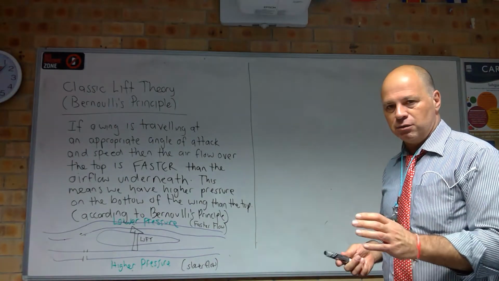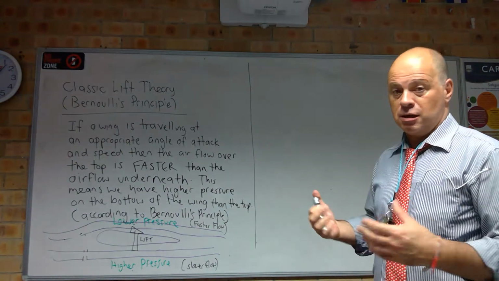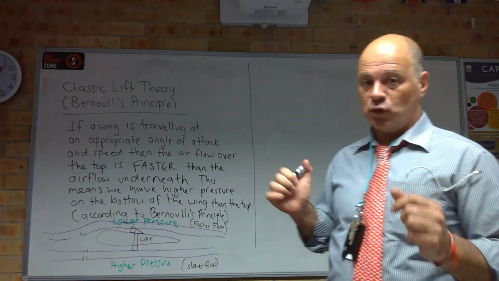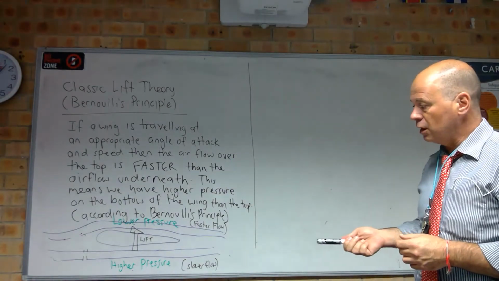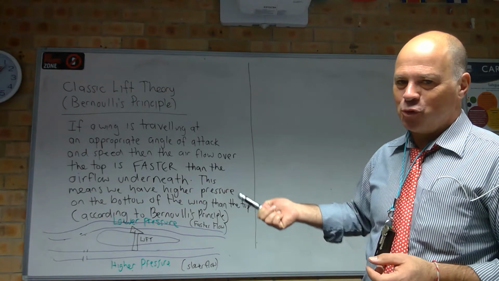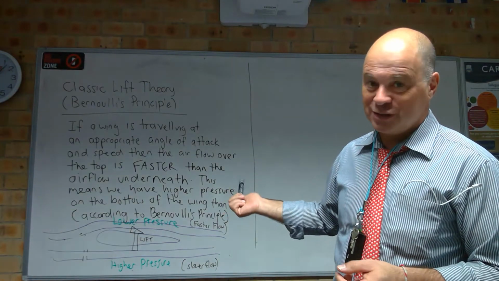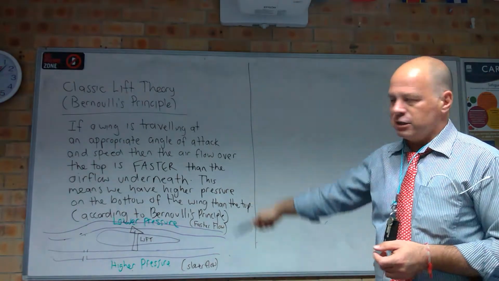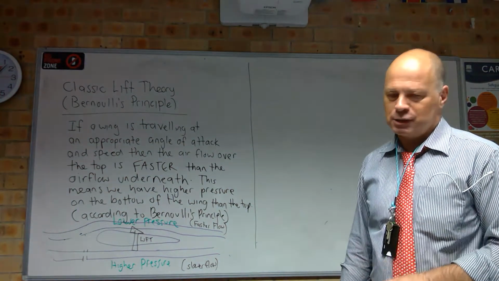You have faster flow on top, slower flow underneath, as evidenced by your wind tunnel video, and that explains why the lift happens. Okay, kind of doesn't explain why the faster flow is on top, which is the problem. But anyway, that is your Bernoulli's classic explanation.